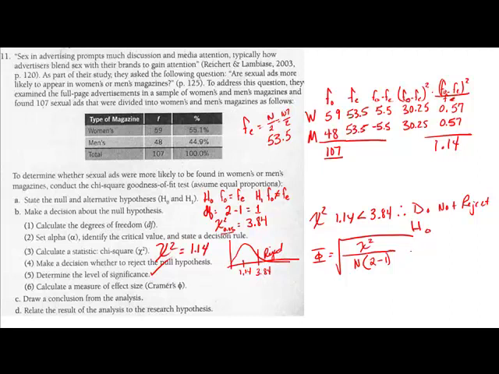Our chi-square was 1.14 divided by n was 107 times 2 minus 1, which is 1. So 1.14 divided by 107 is a really small number, 0.0106. I'm going to go ahead and take the square root of that.